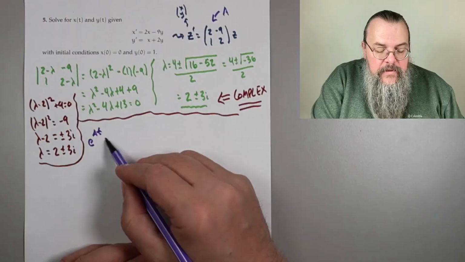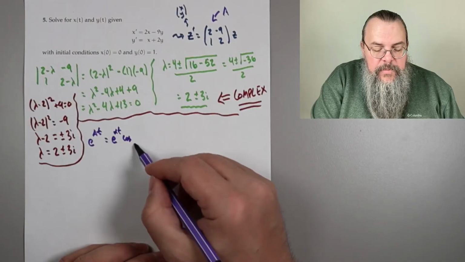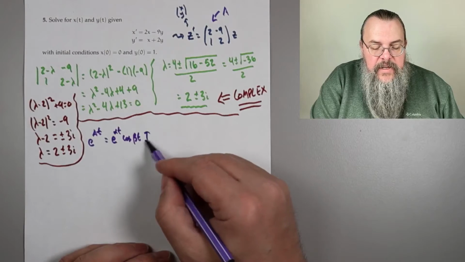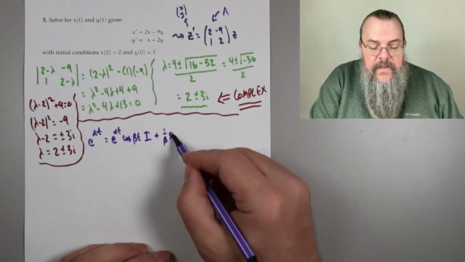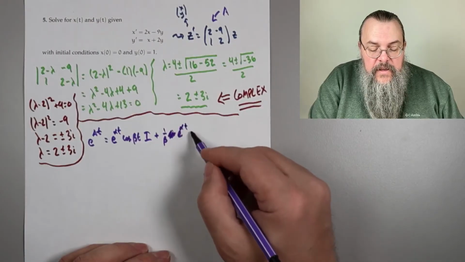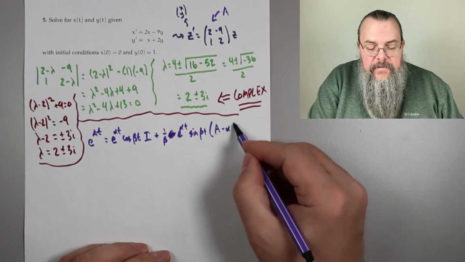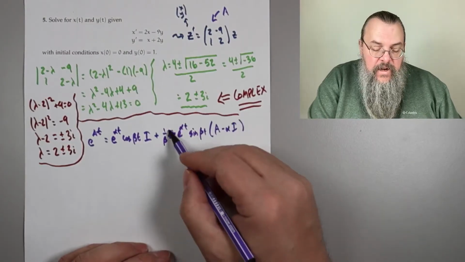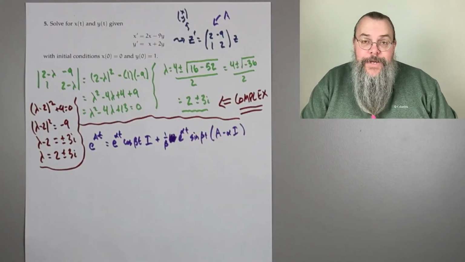Well, that is e to the alpha t cosine beta t times the identity plus 1 over beta e to the alpha t sine beta t times (A minus alpha I). All right, so that's our formula. What do we know?